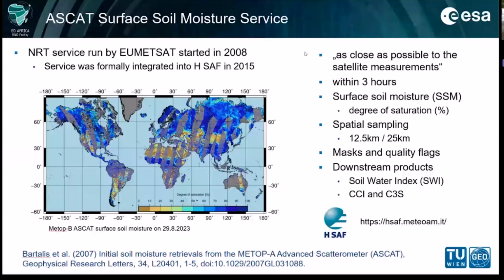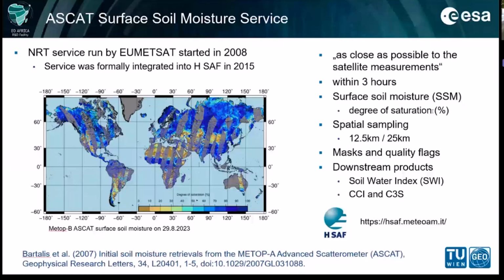The data are represented in degree of saturation, so an index between 0 and 1. We had 2 resolution products, one with a sampling of 12.5 kilometer and one with 25 kilometer. The product not only derives soil moisture, but it also provides masks and quality flags.